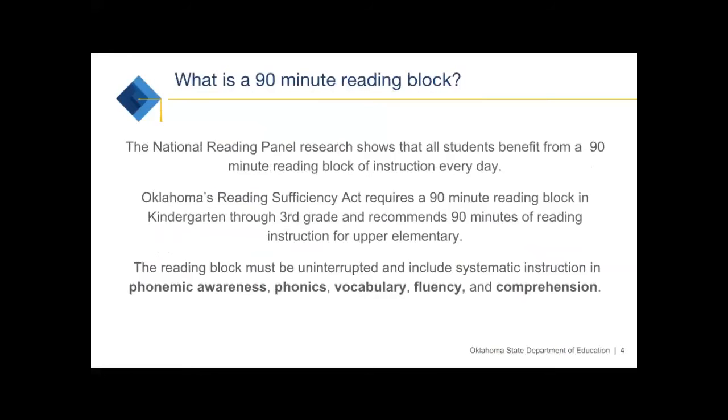In the reading block, there must be systematic instruction in phonemic awareness, phonics, vocabulary, fluency, and comprehension. The 90-minute reading block is Tier 1 instruction for all students. Tier 2 students receive intervention time based on needs in addition to the 90-minute reading block. Tier 3 students receive at least 45 to 60 minutes in addition to this 90-minute reading block.